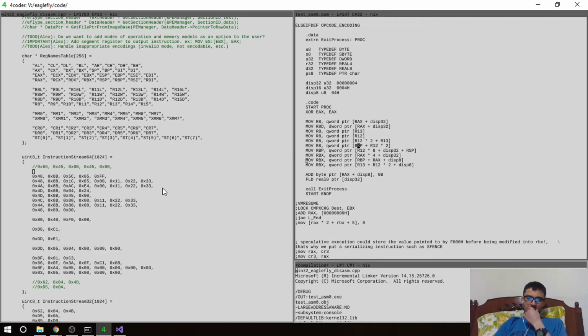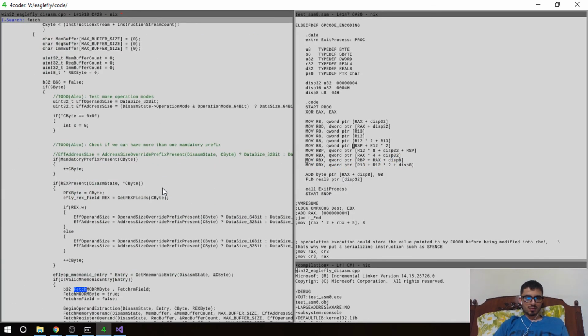So what was happening when we have RSP? Now we have RBP. And we can have RSP there as a base. We can have it as an index. I mean, that's okay, because that's what we say here on the fetch memory.